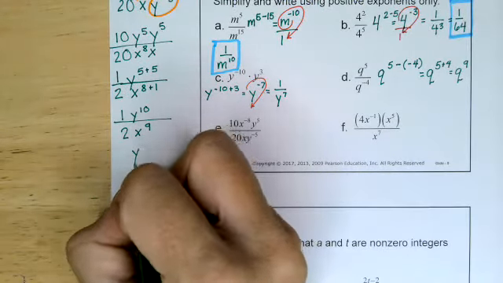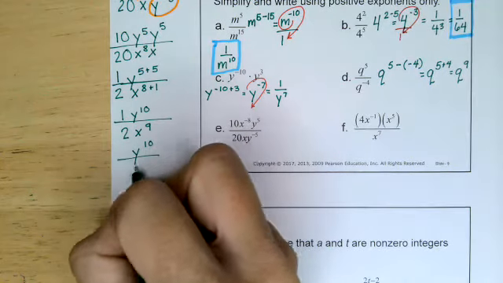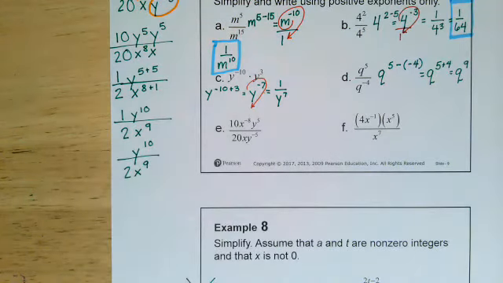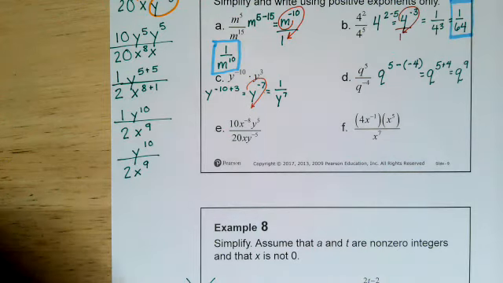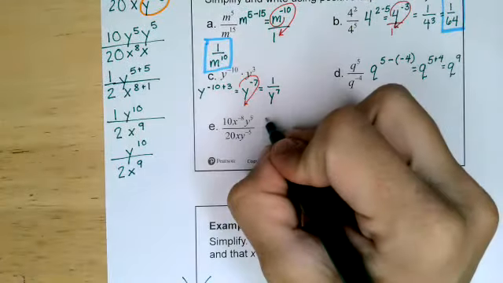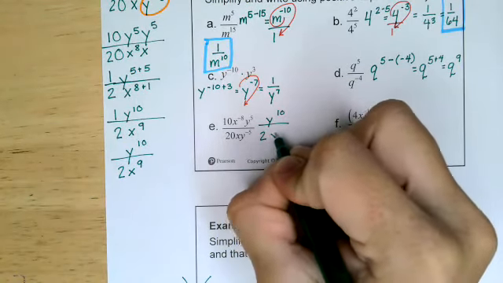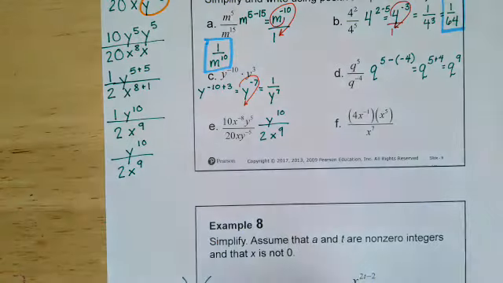I could just say it's y to the 10th over 2 x to the 9th, because 1 times y to the 10th is just y to the 10th. Here are my answers.